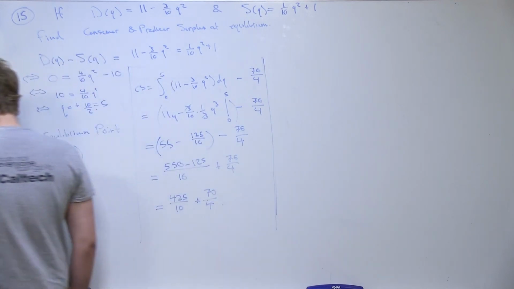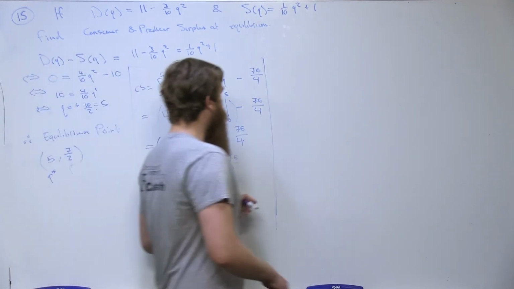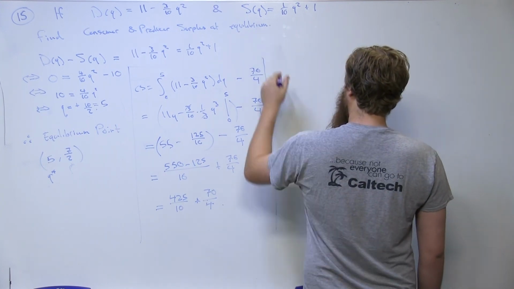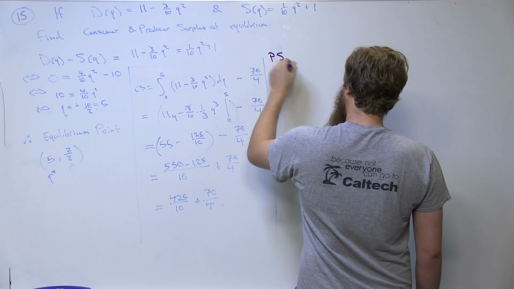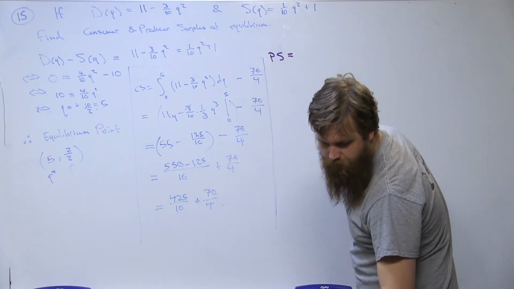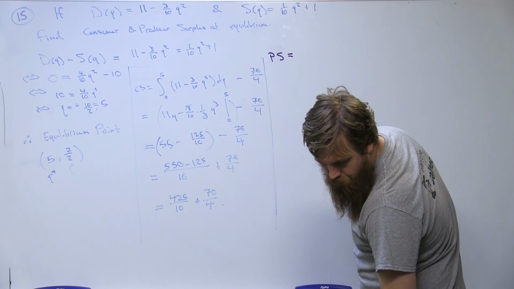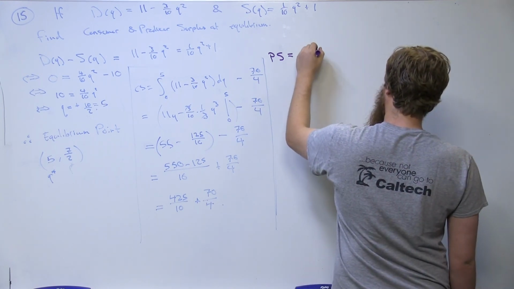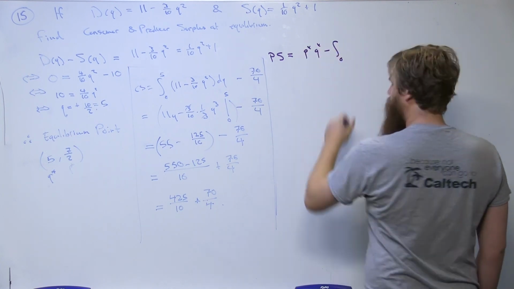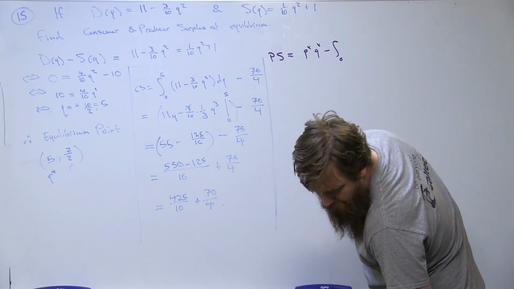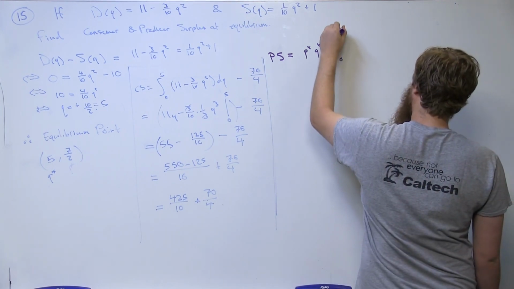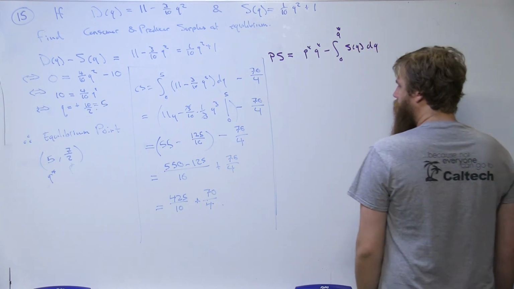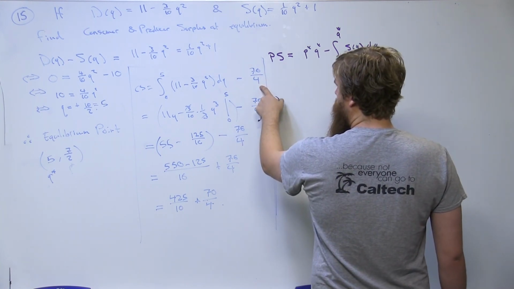Now to get our producer surplus, we find a better marker. Good. And there's a similar integral formula for that. So the producer's surplus is given by p star q star minus the integral from 0 up to q star of s of q dq. All right, p star q star is still just this number.